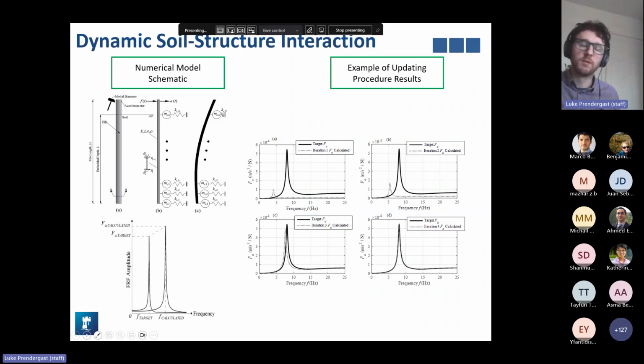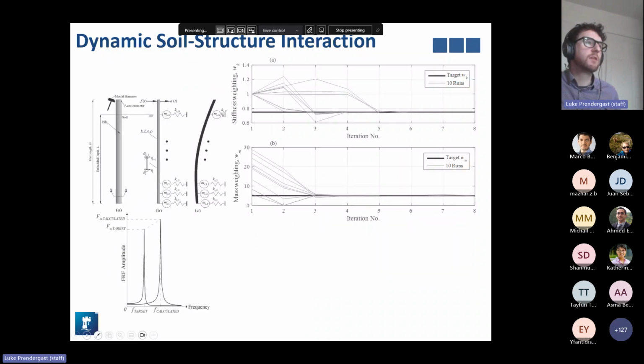So this was actually published in the Journal of Sound and Vibration a number of years ago, and the papers are available online. So the next question was to look at how this looks in terms of minimizing objective functions, or looking at the pathway towards convergence. So what you see in this plot here is your target stiffness weighting.